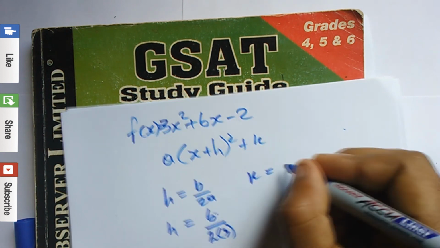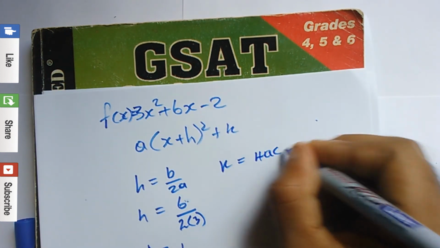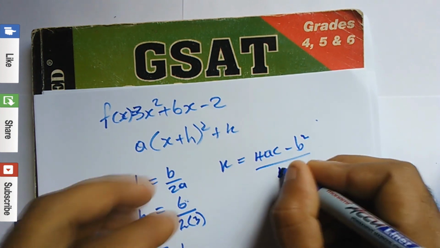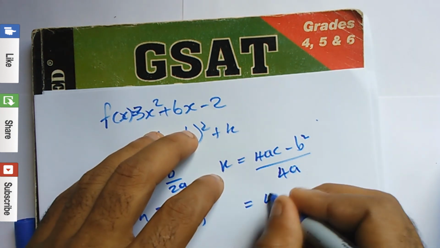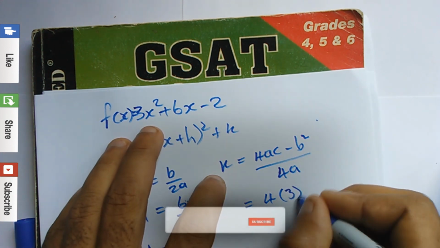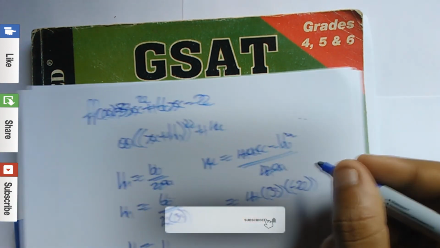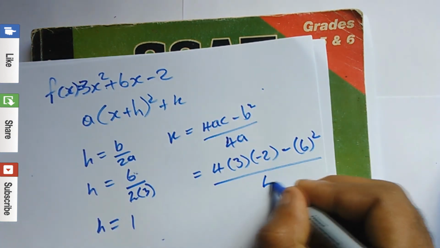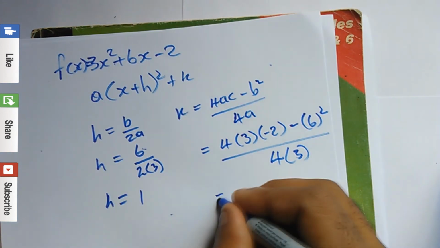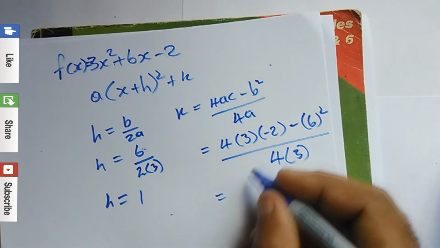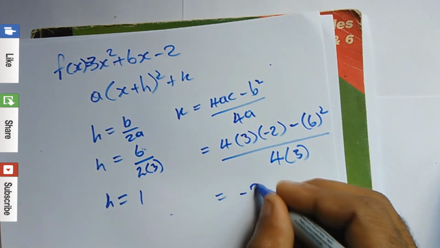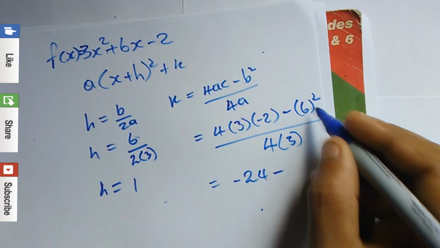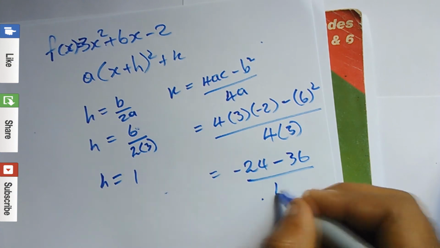k is equal to 4ac minus b squared all over 4a, which is equal to 4 times 3 times minus 2 minus bracket 6 squared all over 4 times 3, which is equal to, 3 4s are 12, 12 times minus 2 is minus 24, minus this is 36, divided by 12.